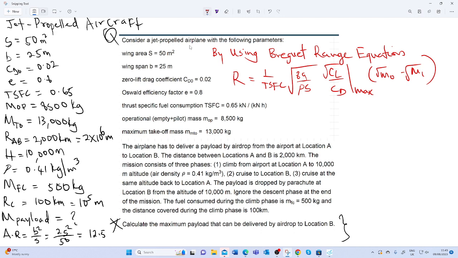You can deduce that this section becomes the K factor.